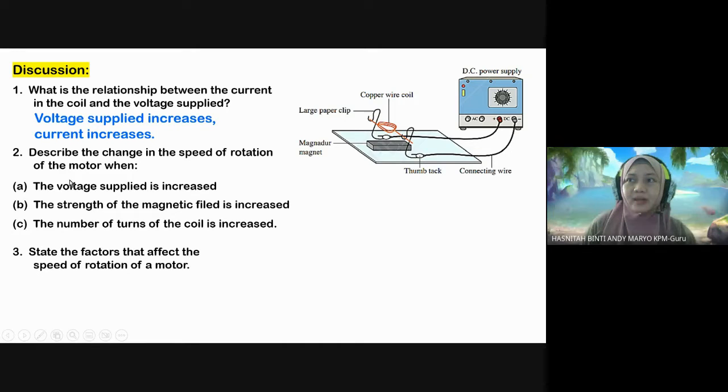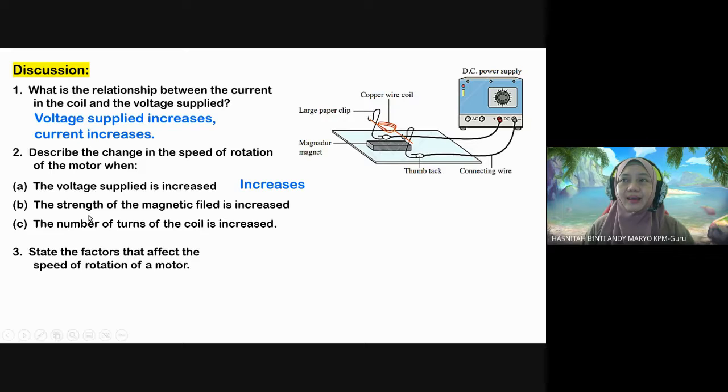This is our manipulated variable. First, we increase the voltage. When the voltage is increased from 4 to 6, the speed of rotation increases. Second, we maintain the voltage, meaning we maintain the current, but we add more magnets.